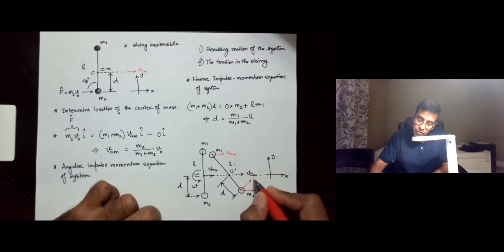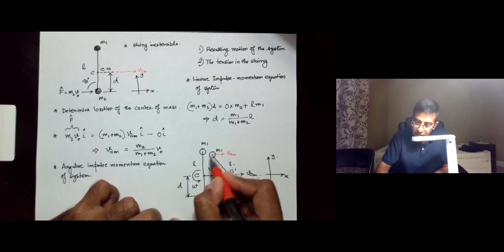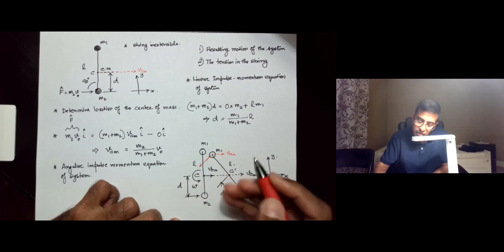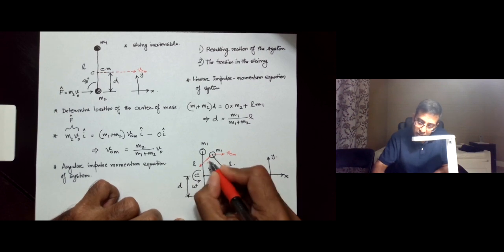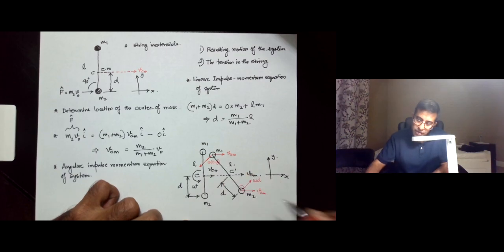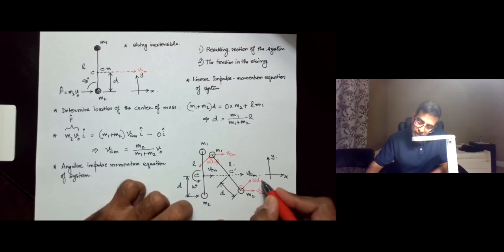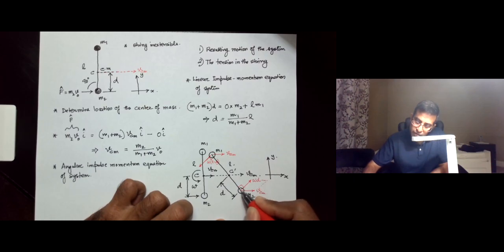So here there is going to be a velocity of omega times d, where omega is the angular velocity, and here this particle will have a velocity of omega times L minus d, and this velocity is perpendicular to the string, and so is this velocity. So the resultant motion of the particle M2 will be like this.